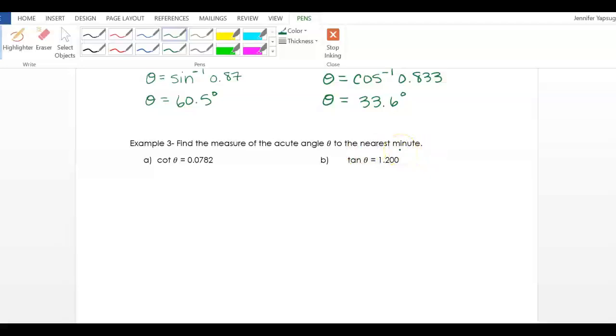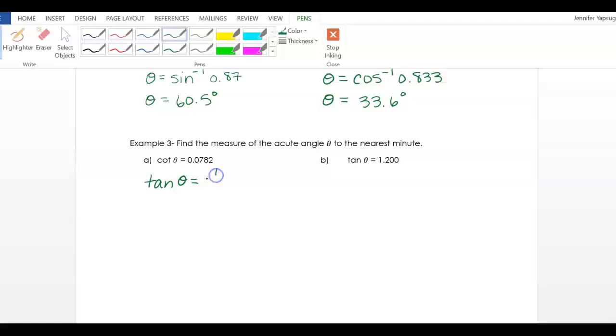Okay, so I threw in one of our reciprocal functions here, the cotangent. So if you recall, cotangent is the reciprocal of tangent. So you can rewrite cotangent as tangent of theta is equal to the reciprocal of this number.